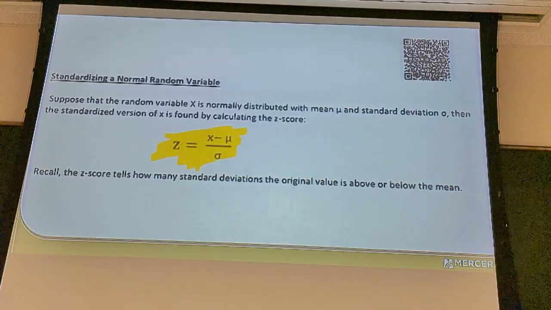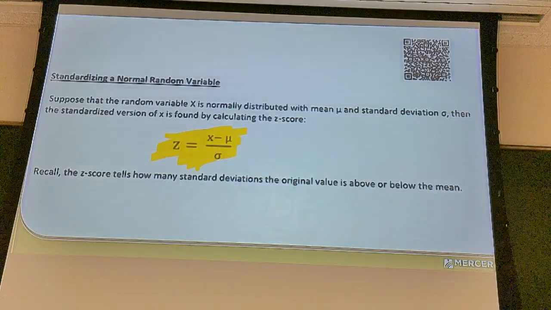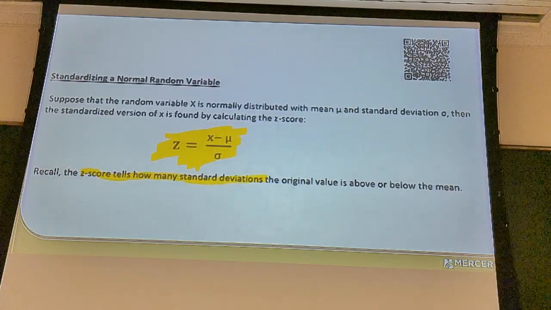So a z-score of 1 would mean you're how much over the mean? It's actually on screen too.